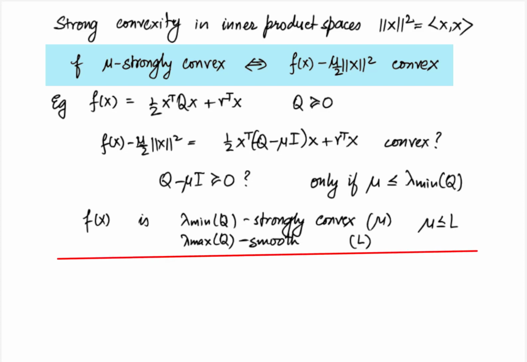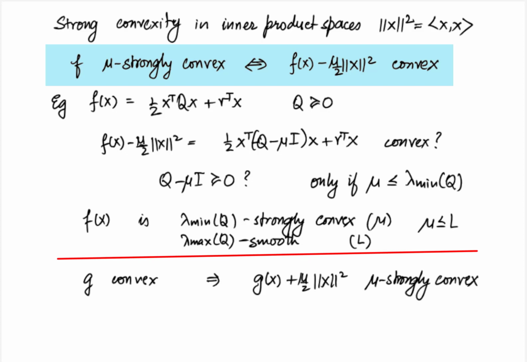Another implication of this property is that if you know that a function is convex and add mu by 2 norm x square to it, then the resulting function becomes mu strongly convex. For instance, we showed in earlier videos that the indicator function of a closed convex set calligraphic X is also convex. Then the indicator function of calligraphic X plus half norm of x square is strongly convex with parameter mu equal to 1.